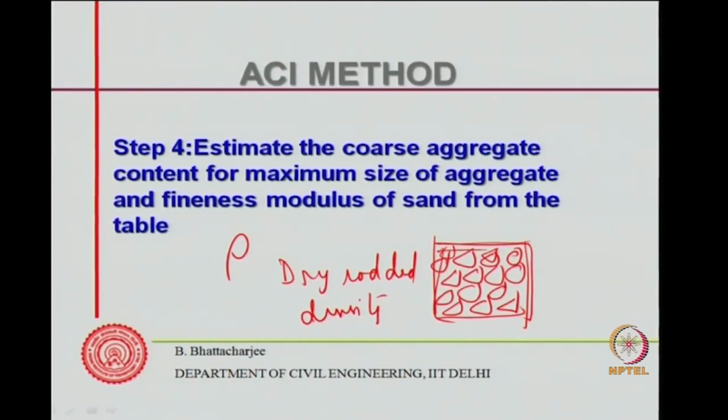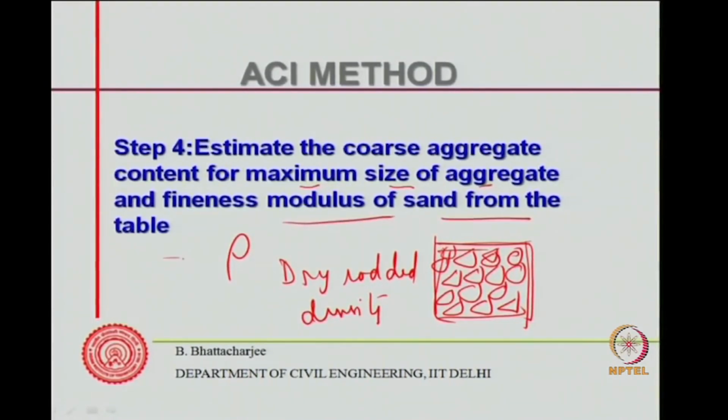So, estimate the coarse aggregate content for the maximum size of aggregate and fineness modulus of sand from the table. This is the volumetric coarse aggregate content, or proportion of the coarse aggregate in fractions, that we can find out.